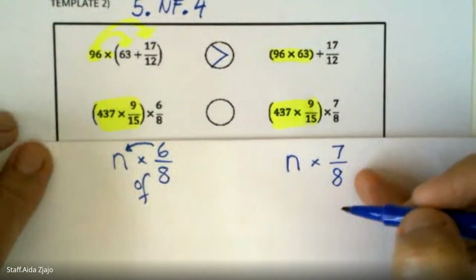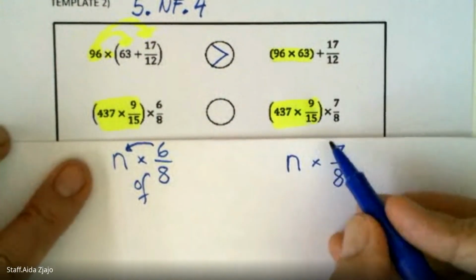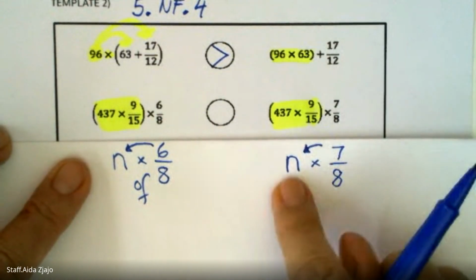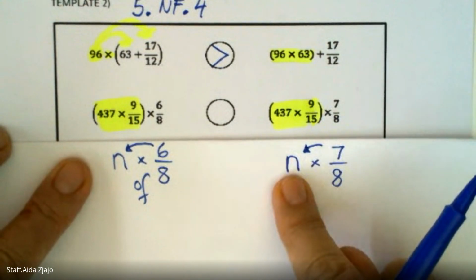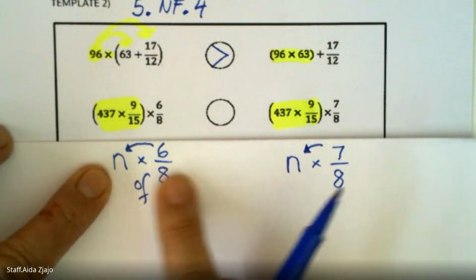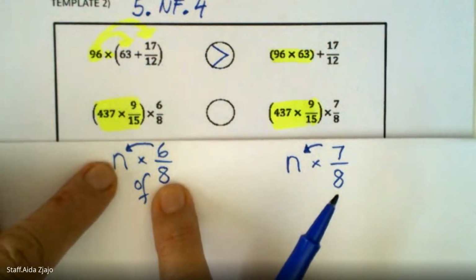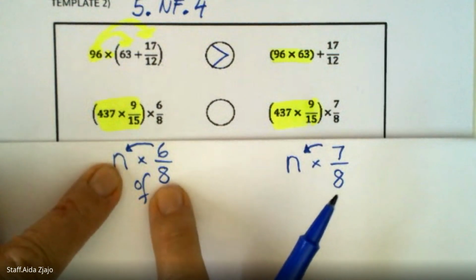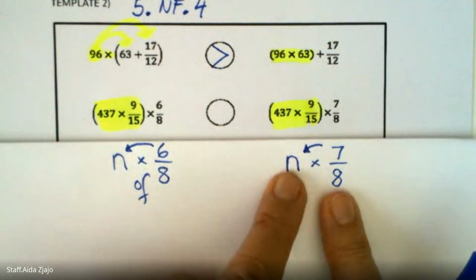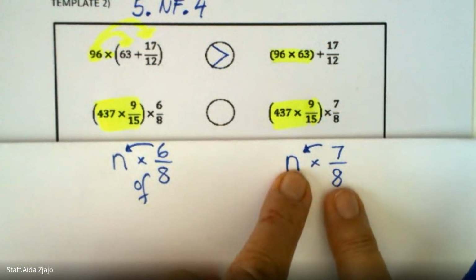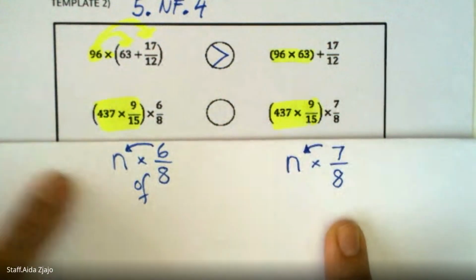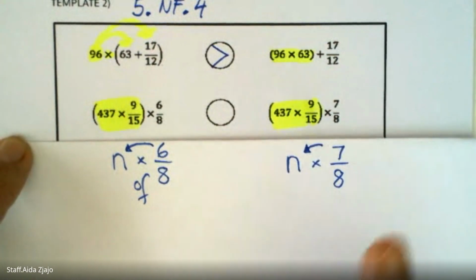So which one is greater, 7 pieces of this number or 6 pieces of this number? Because if we divide this n into 8 pieces and we take 6 out, or if we divide the same number into 8 pieces and we take 7 out, which group will be greater?